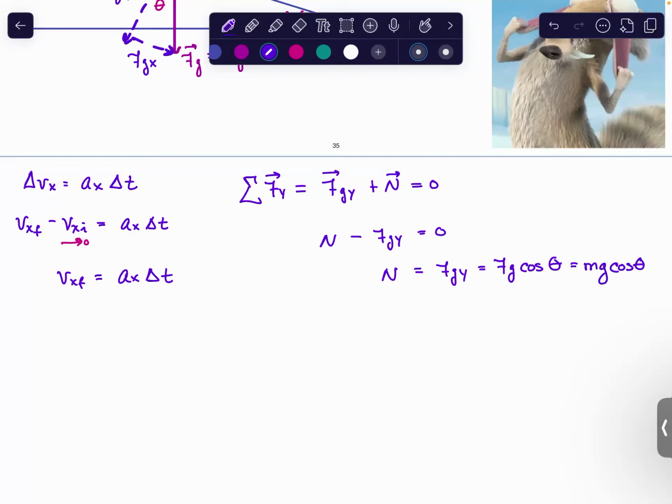Okay, so now we have something we can plug in for our normal force, because if you remember, we're going to end up needing that when we get to friction. You could have started with forces in the x direction, got to a point where you had the coefficient times the normal force, and said, oh, I need to know what the normal force is so I can plug that in.